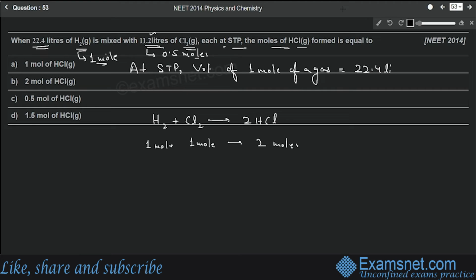But according to the question, we have 1 mole of H2 and only 0.5 mole of Cl2. Okay, not 1 mole of Cl2. So in this case, what will happen? The number of moles of chlorine is less than required, so it will act as the limiting reagent.